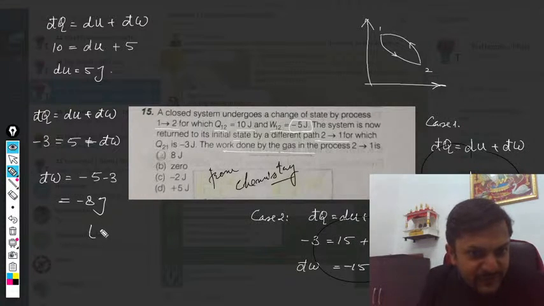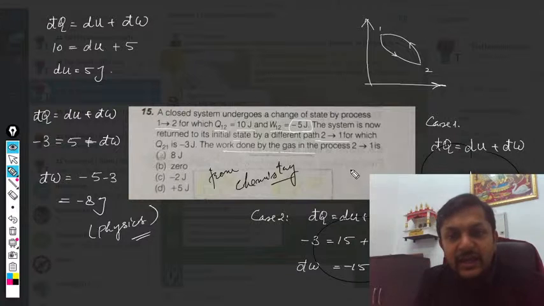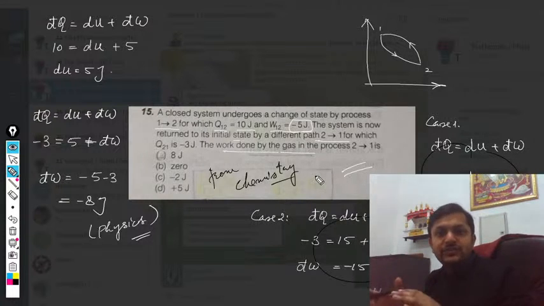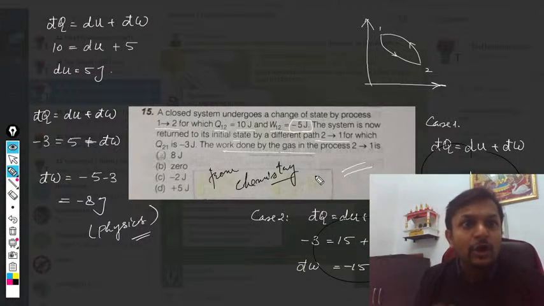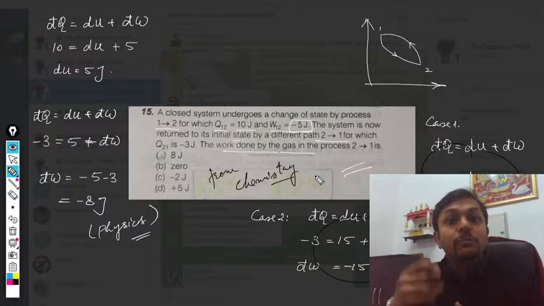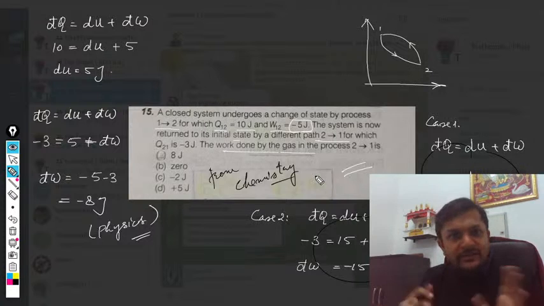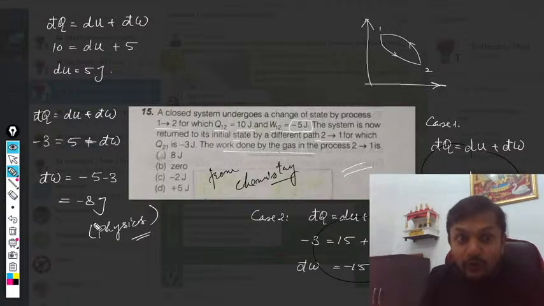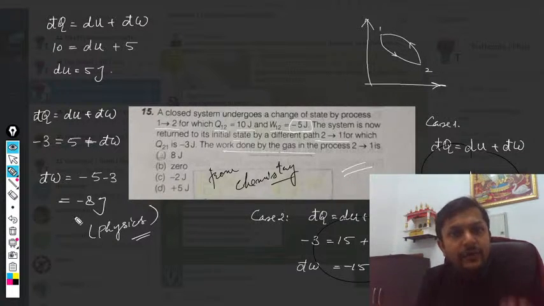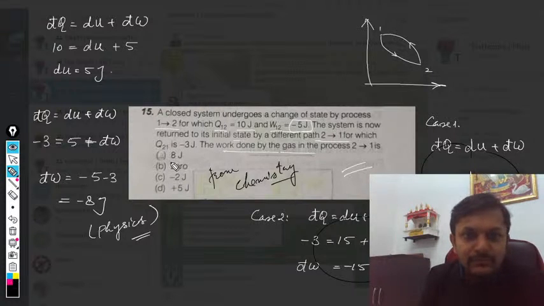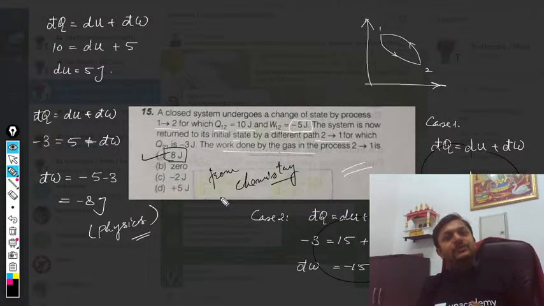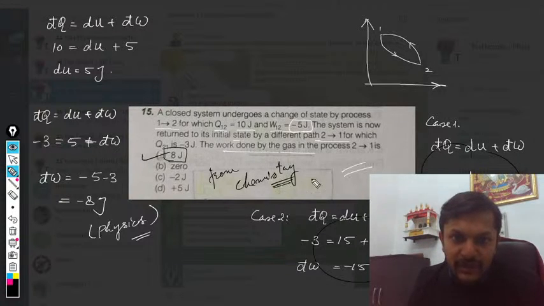Now this is from the physics point of view, and because I think the question is taken from chemistry, the first law of thermodynamics will not be dQ = dU + dW. It will be dQ = dU minus dW. So everything will fall in place. In physics it will be minus 8. For chemistry it will be plus 8. So A is the right option, and this question is from chemistry, not physics.